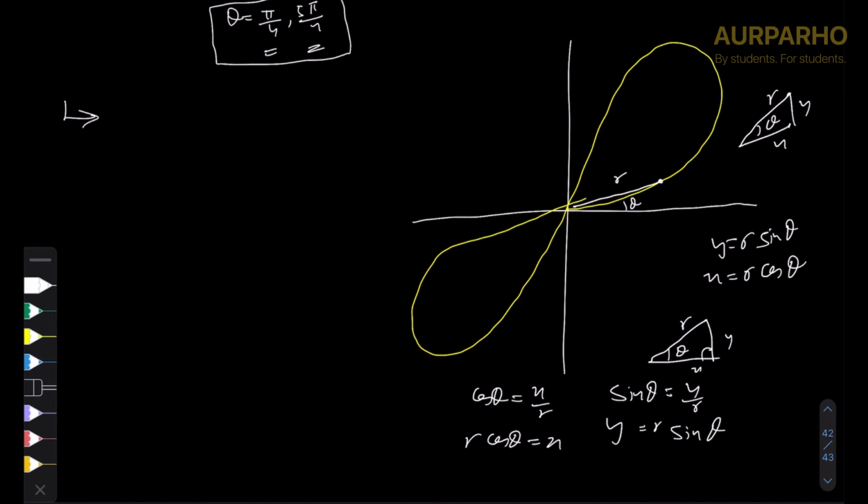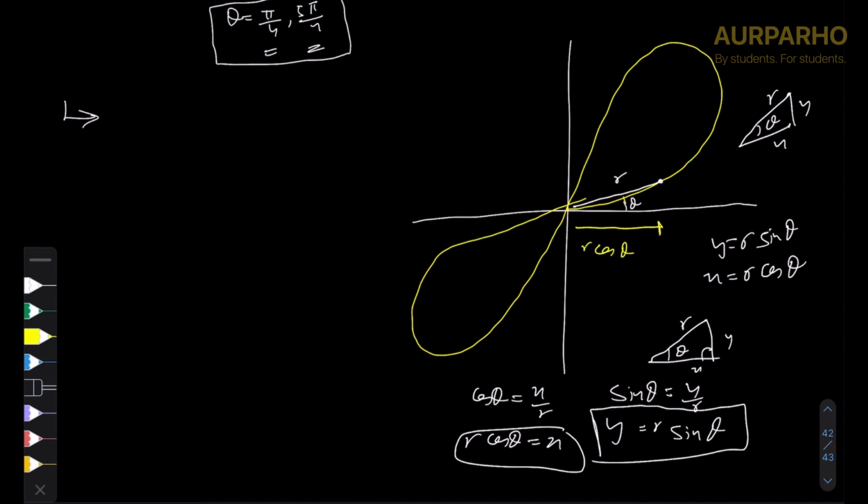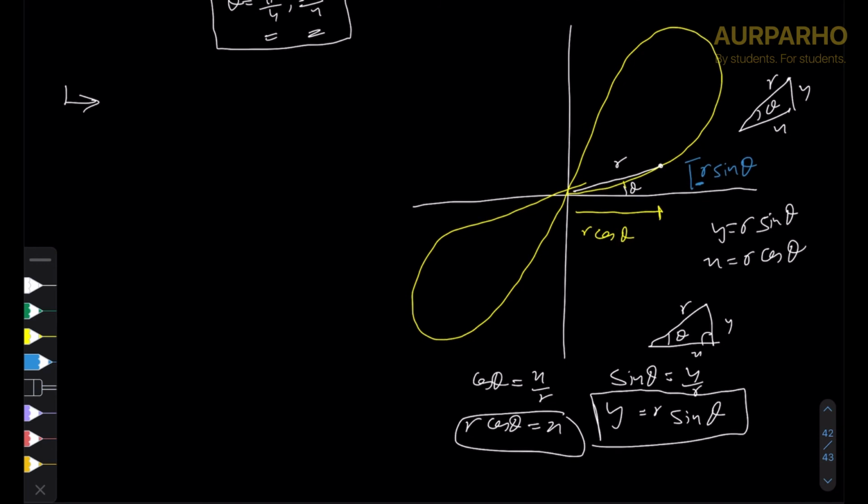So these are your two components. If you have any values of r and theta, you could find the horizontal component by r cos theta, and the vertical component by r sine theta. Whatever r is, you just multiply it by sine or cos to find the vertical or horizontal component.